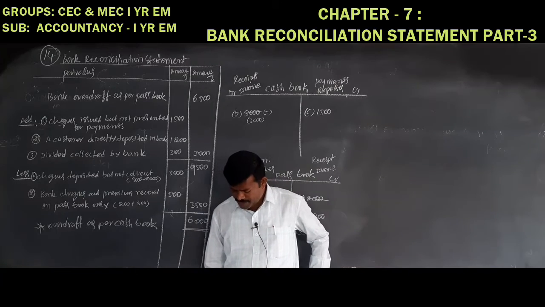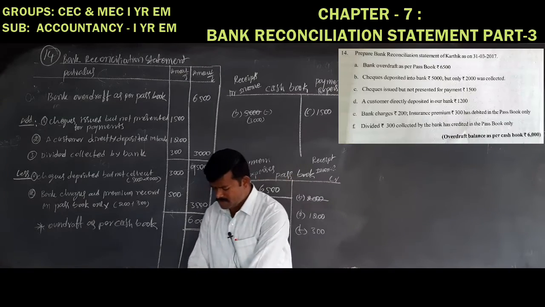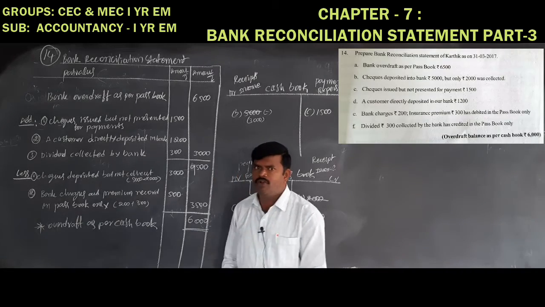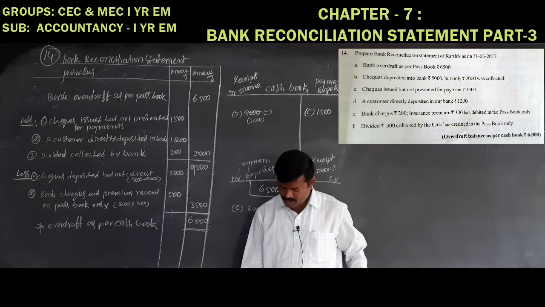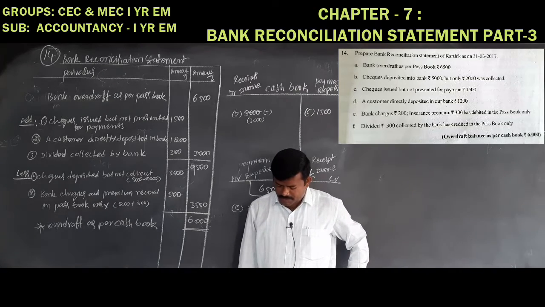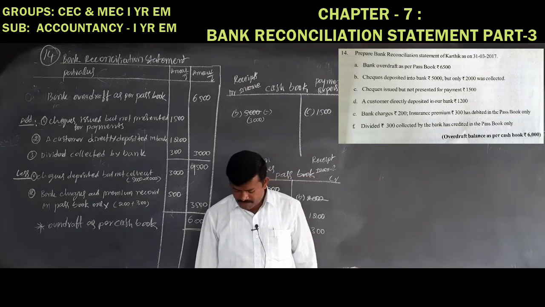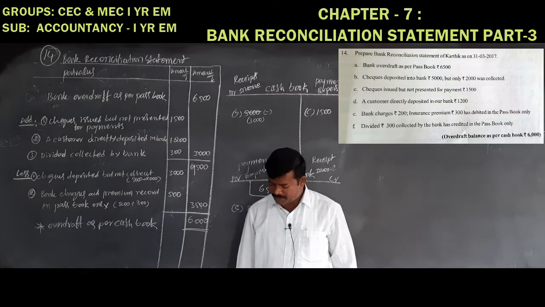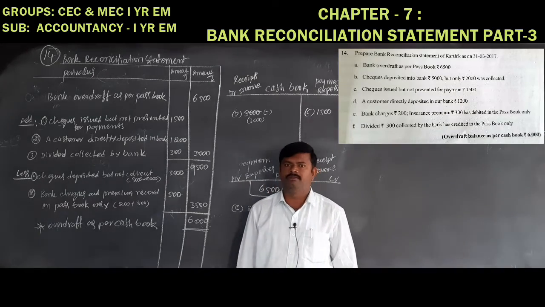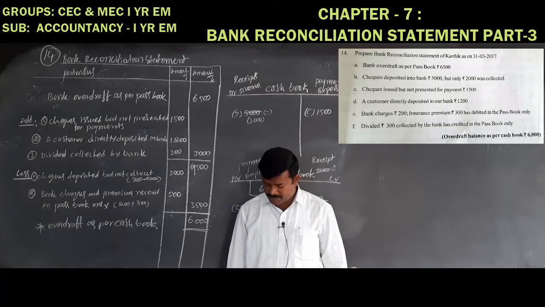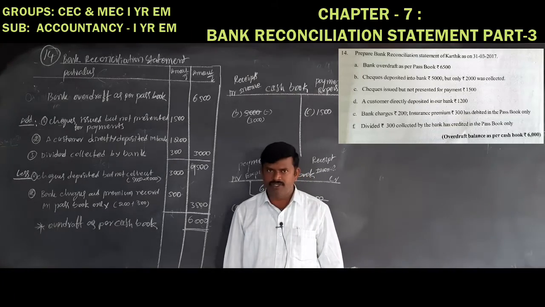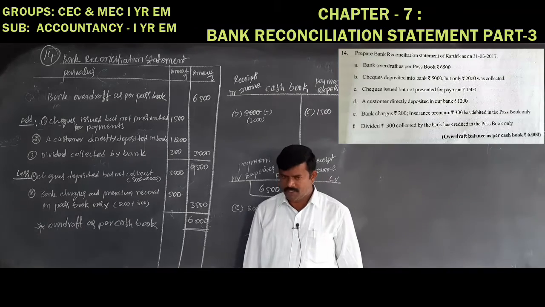Problem number 14. Bank overdraft as per passbook. Prepare the bank reconciliation statement of Karthik on 31st March 2017. This is the problem. Bank overdraft as per the passbook is 6,500 rupees.